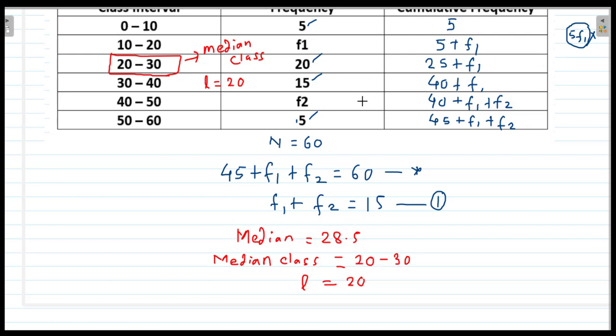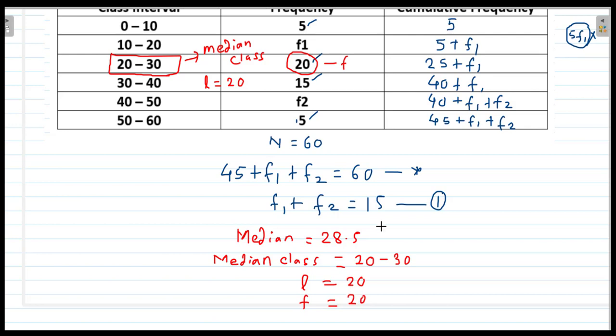Now this is the frequency and this is the cumulative frequency. So F we need. So F is what? It is the frequency of the median class. So this is the median class and its frequency is 20, so F, that is frequency, will be 20. So here F is equal to 20.